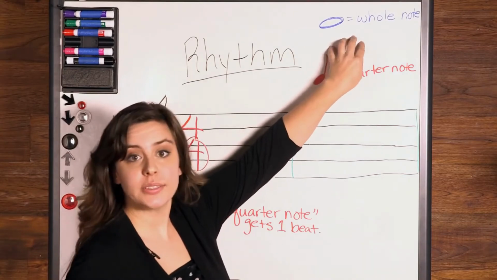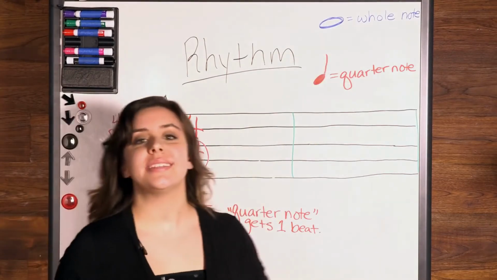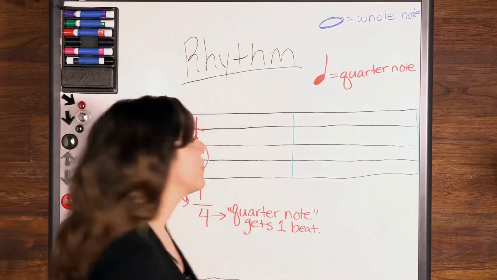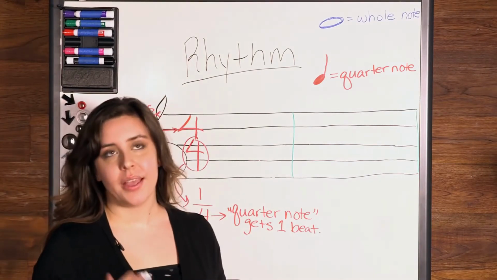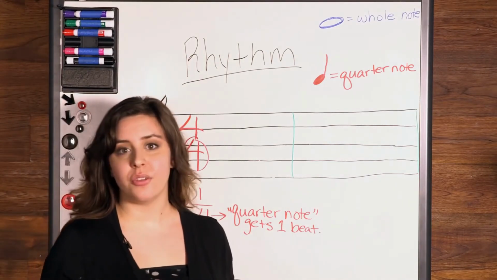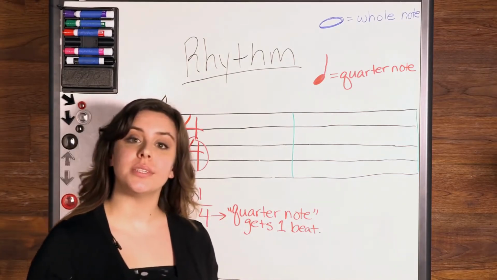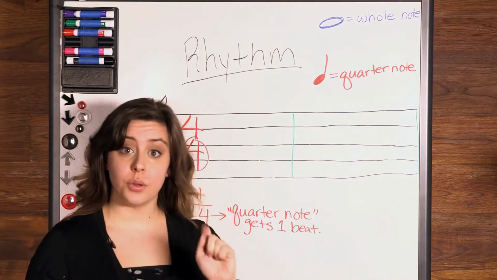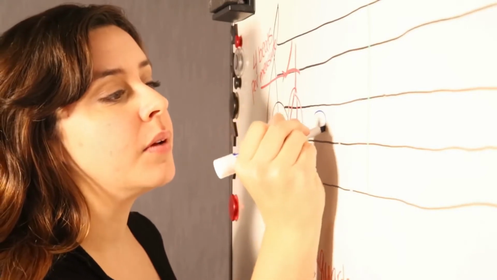It looks like a little donut or a ring, and it's whole in the sense that it takes up the whole measure. Now, obviously, if it takes up the whole measure, there is no room for any other notes at any other time. So whenever you see a whole note in a measure, you will always only see that one note. And it just looks like this.